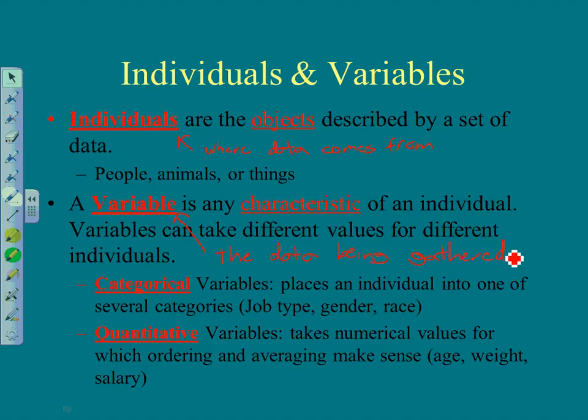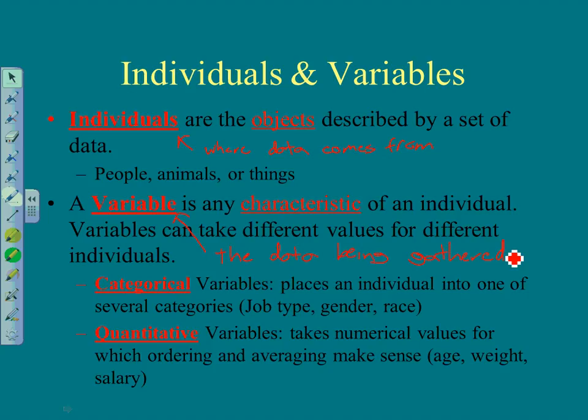And there's 2 types of data, categorical and quantitative. Categorical are things that can't be quantified, like job type, gender, race, hair color. It's just you fit in a category.